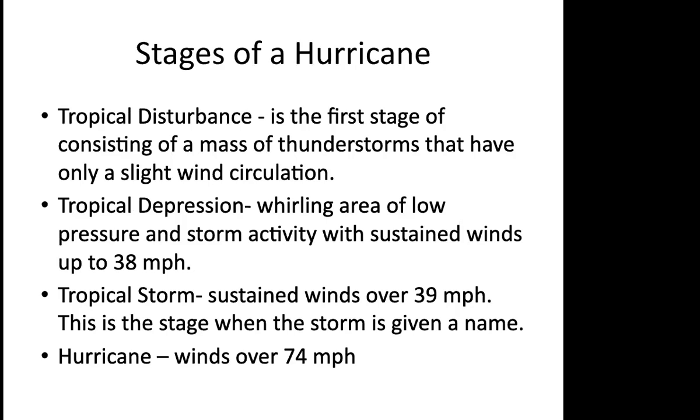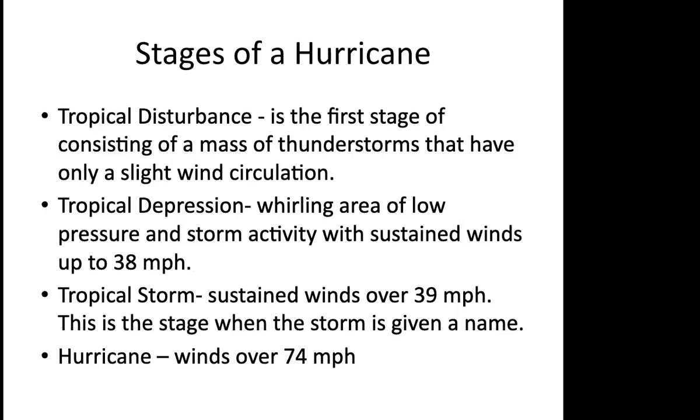So there are stages of a hurricane, okay? Tropical disturbance, tropical depression, tropical storm, and a hurricane. So this is what I was just talking about with the ones that are forming. The tropical disturbance is the first stage, which consists of a mass of thunderstorms that have only a slight wind circulation.